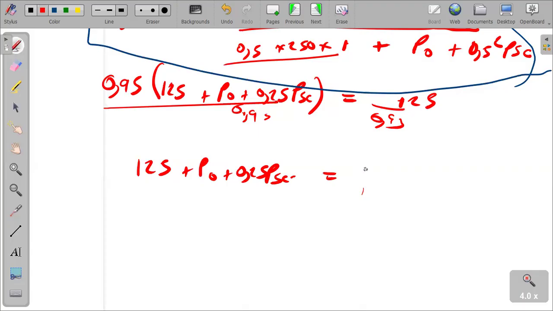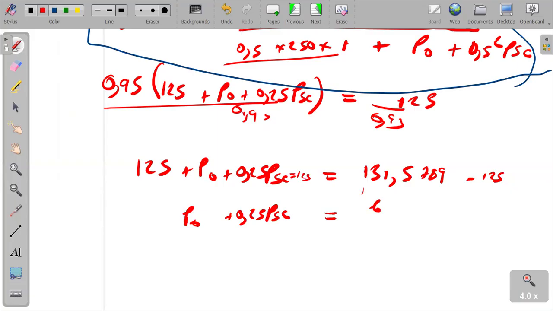If I divide 125 by 0.95, I get 131.5789, etc. Then I subtract the 125 on both sides. I end up having P O plus 0.25 PSC is equal to 6.579.